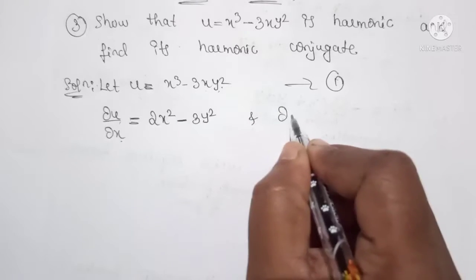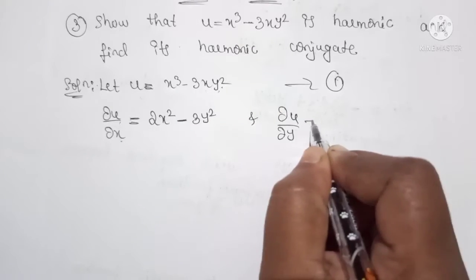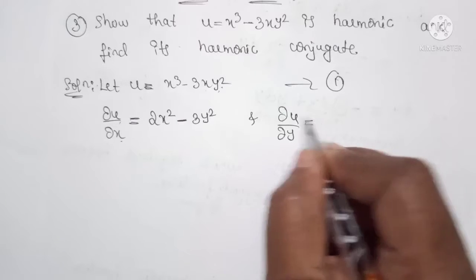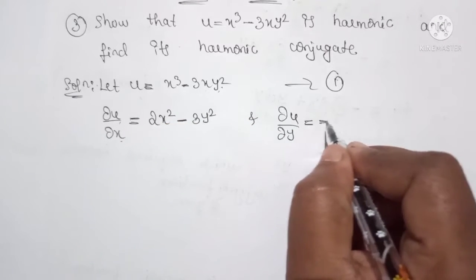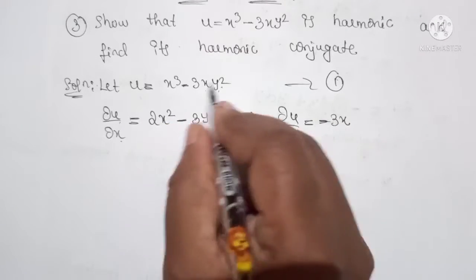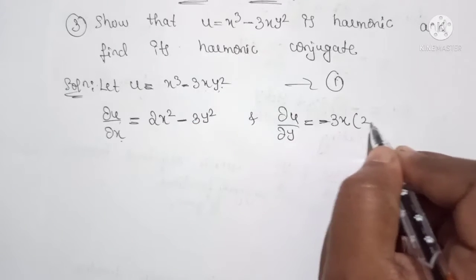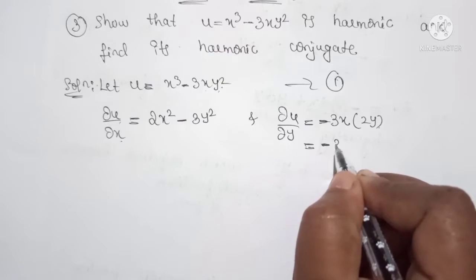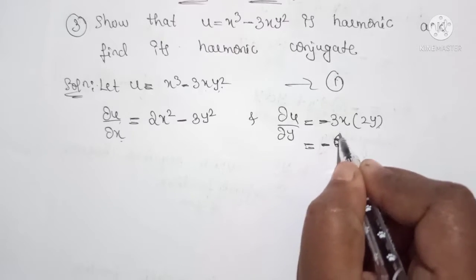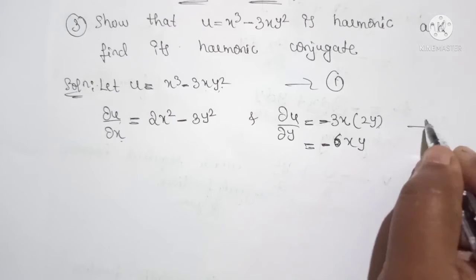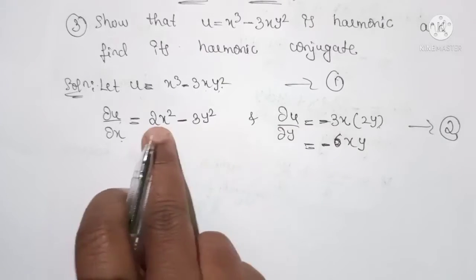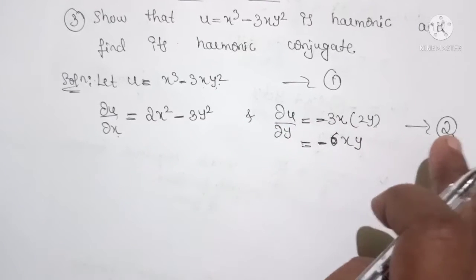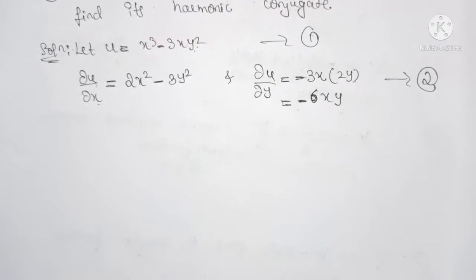Similarly, dou u by dou y is equal to x cube being constant, so minus 3x constant, y square differentiation is 2y. So we get minus 3 into 2, 6xy. Consider this as equation 2. That means these partial derivatives we consider together as equation 2.